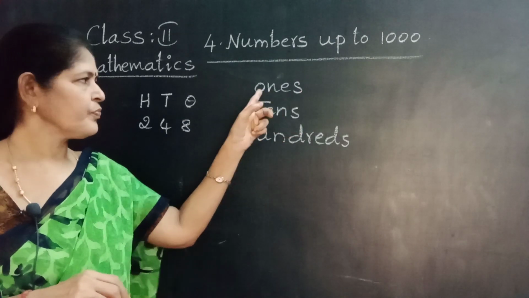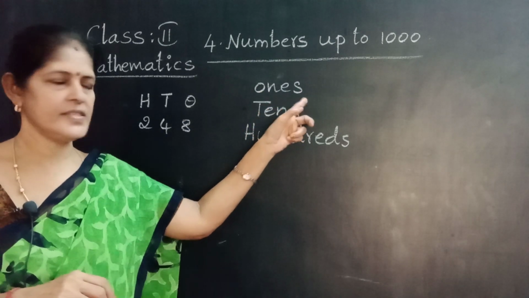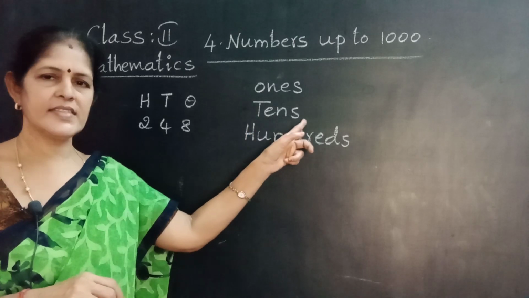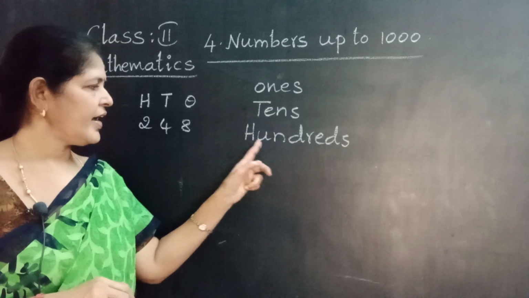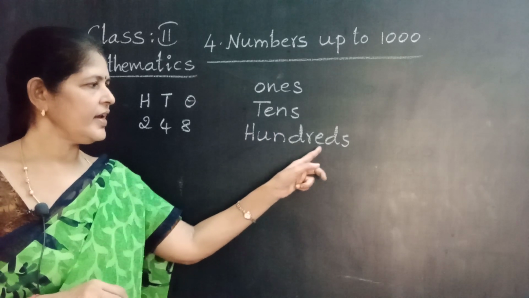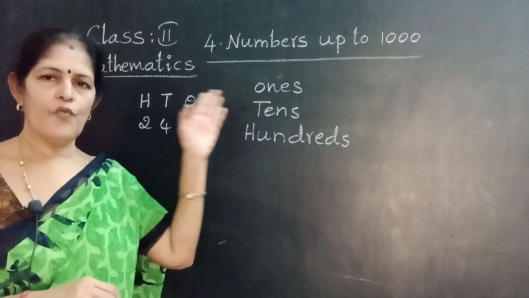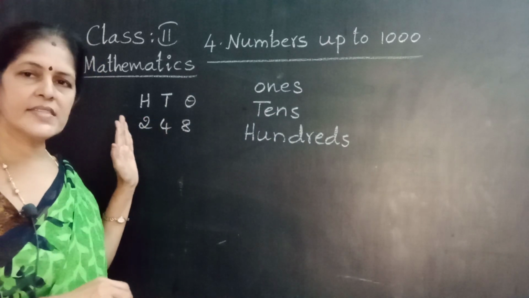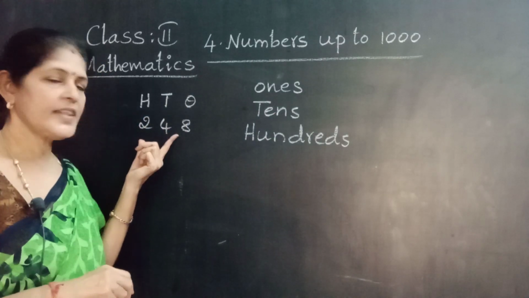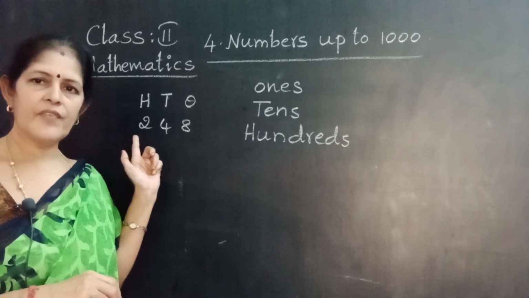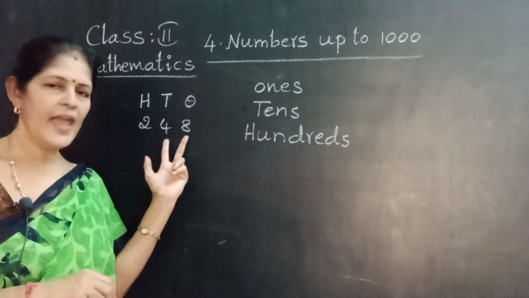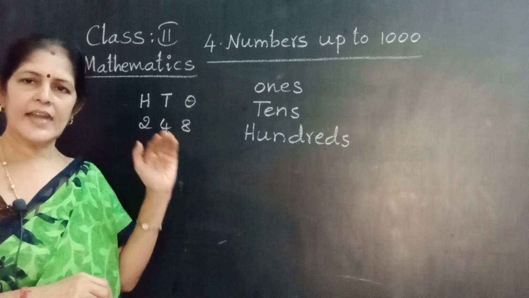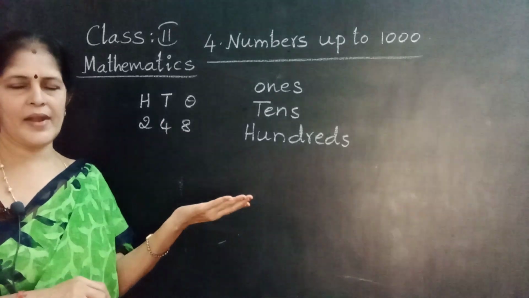Ones, tens, hundreds. We read a three-digit number starting with hundreds: 2 hundred. We read together the tens place number and ones place number.